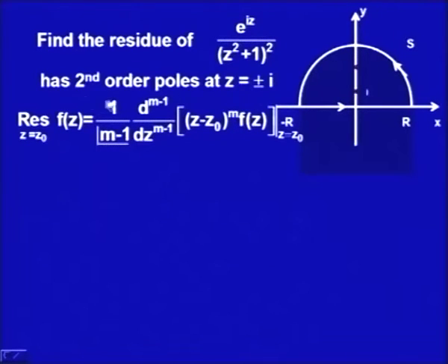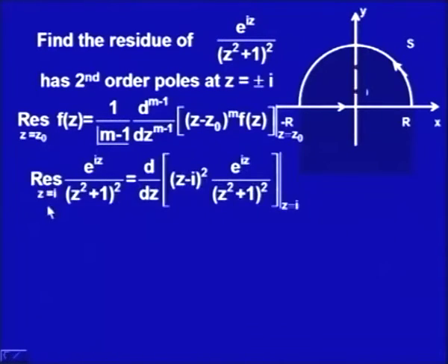This is a second order pole, so I would have m equal to 2. That says I would get the residue at z equal to i of the function e to the power i z upon z square plus 1 whole square. Since m is 2, I would get 1 upon factorial 1, that is 1, and m minus 1 is 1.